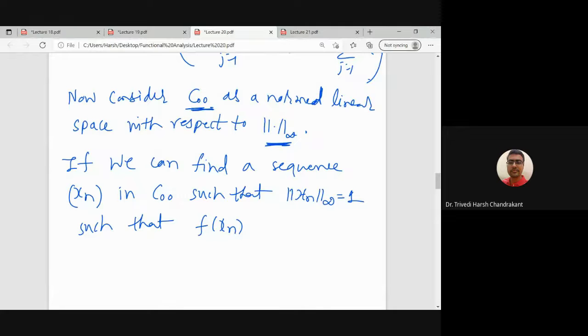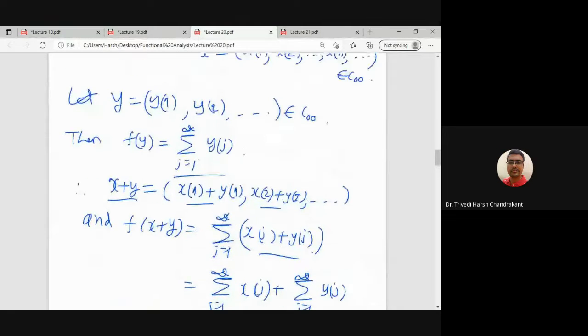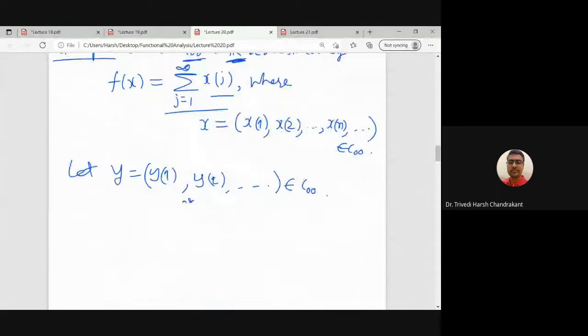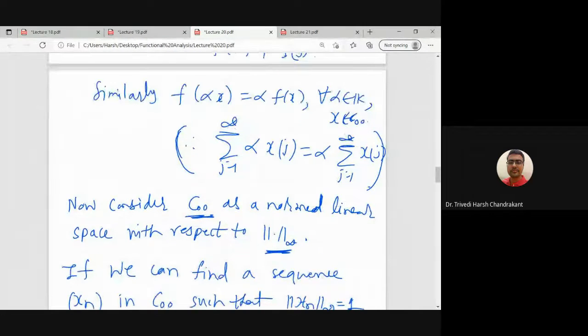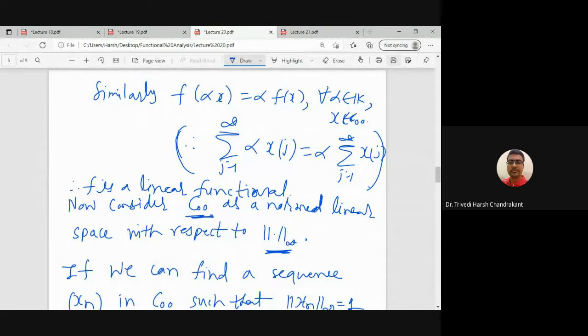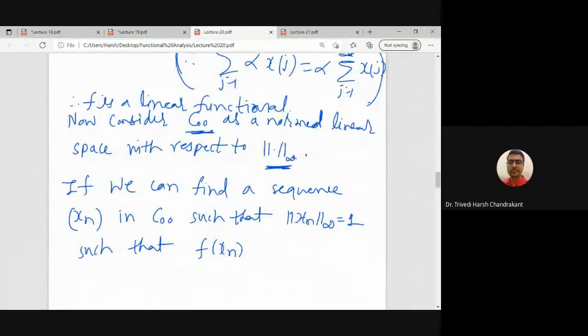f is a linear functional, right? Because its codomain is the real or complex numbers. A functional means a linear function whose codomain is K. So whenever we have a functional and we want to show it is discontinuous, we find a sequence of unit vectors in the domain such that its image is unbounded.